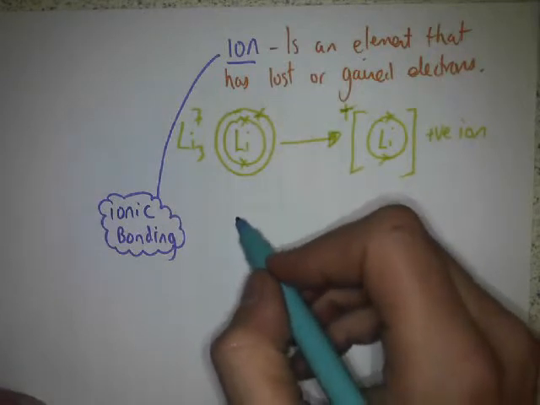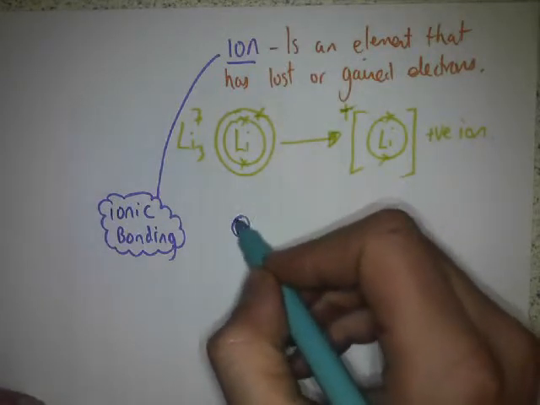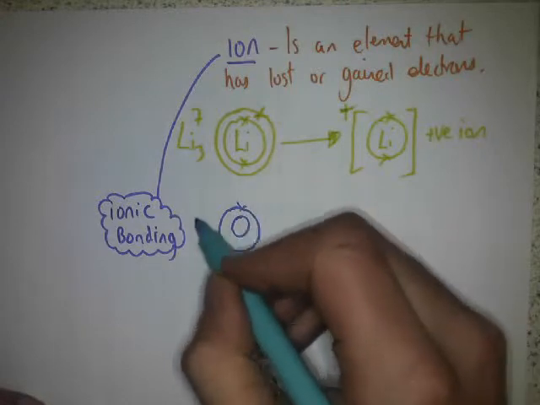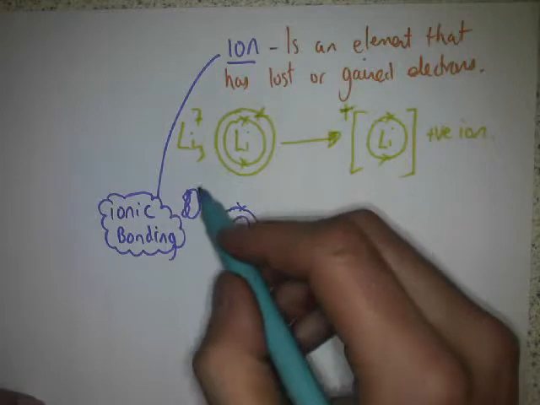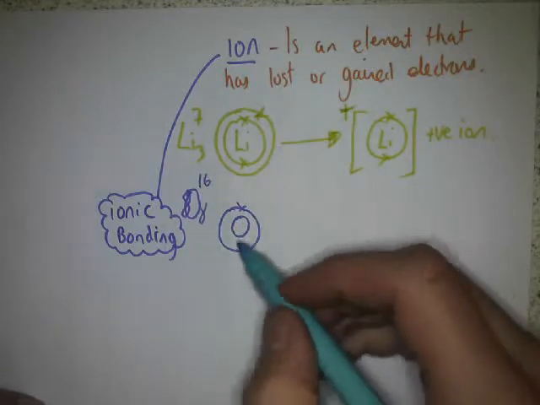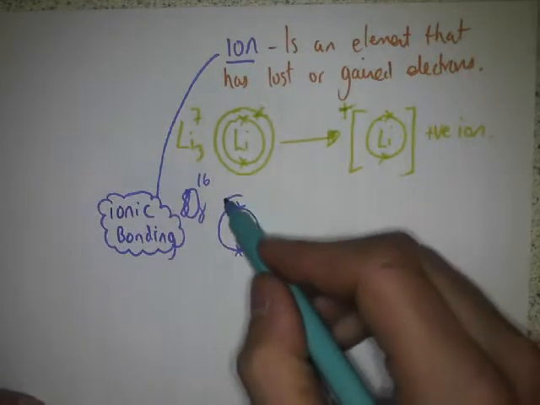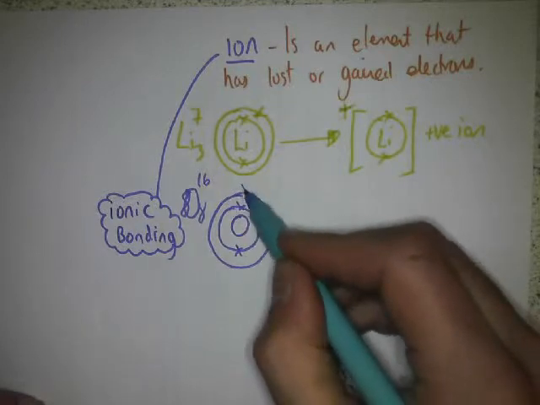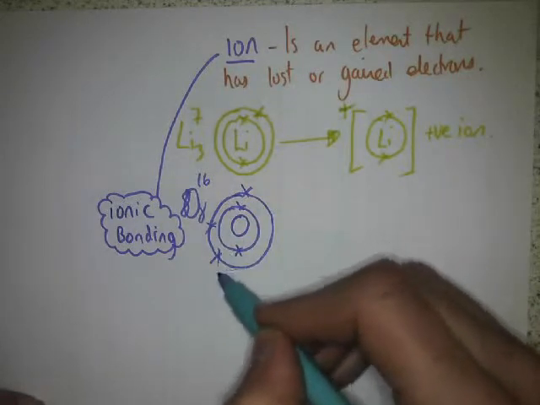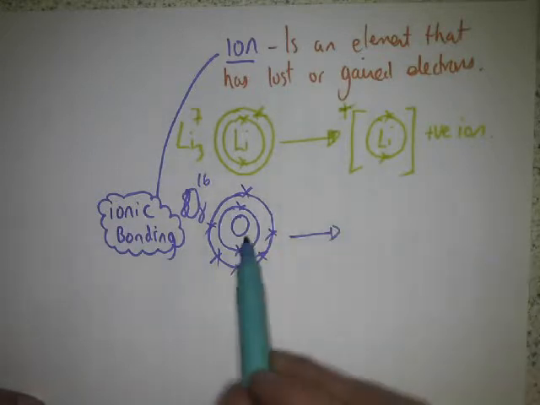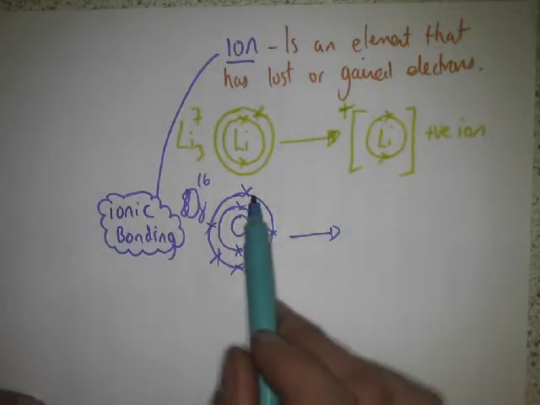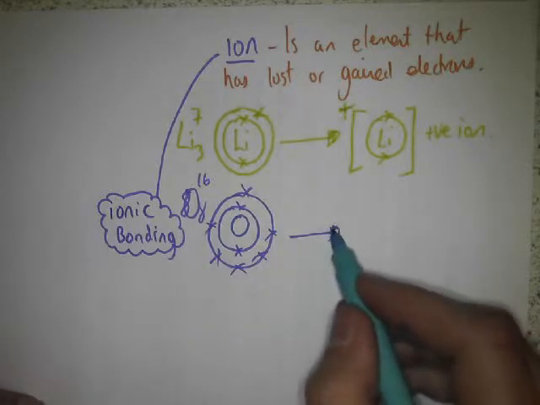Let's draw the next one. Let's take oxygen. Oxygen is 16, 8. So 2 electrons there, and it's got 6 left. So it has got 6 on its outermost shell. It's therefore in group 6. It is a non-metal.